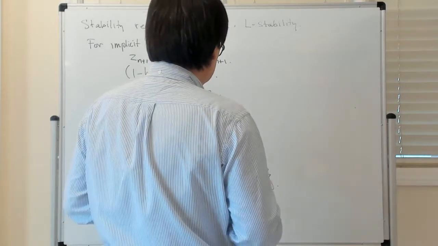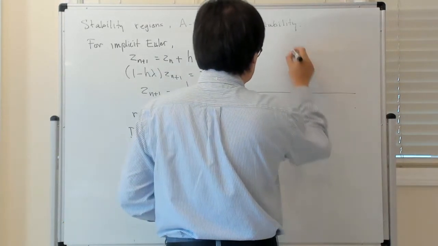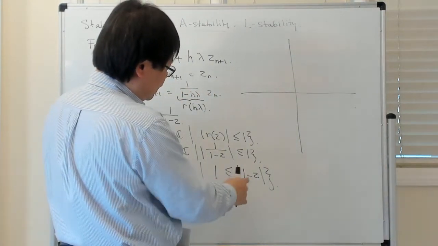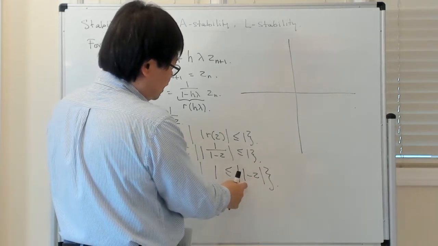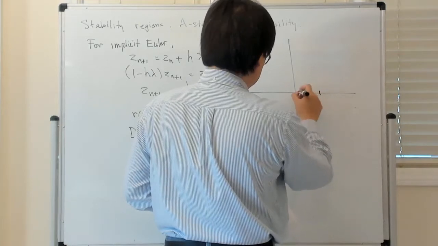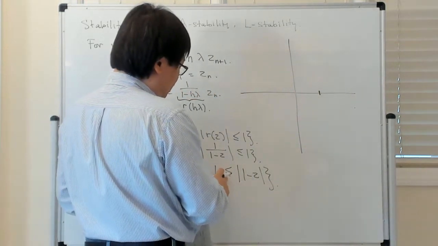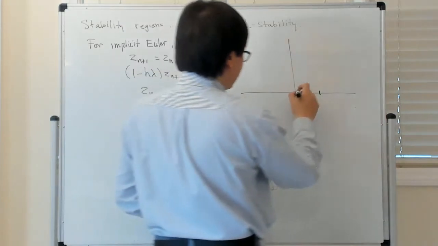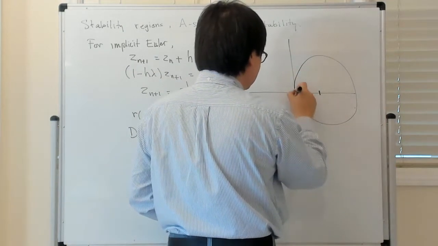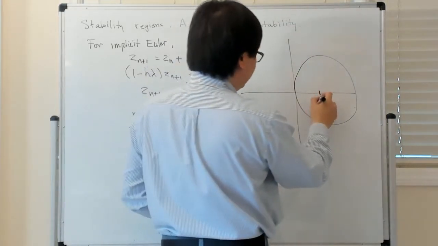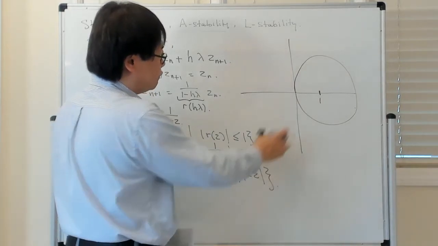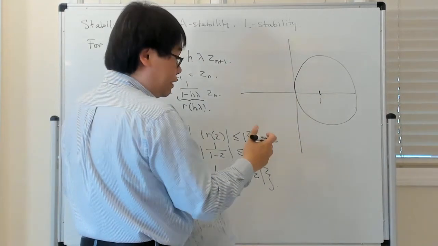All right, so let's see what you get. What is this saying? This is saying that the distance between z and the point 1 is greater than or equal to 1. So let's just look at the equal to 1 case. That's of course just a circle of radius 1 centered about the point 1, and you want all the z's where the distance from 1 is greater than or equal to 1.